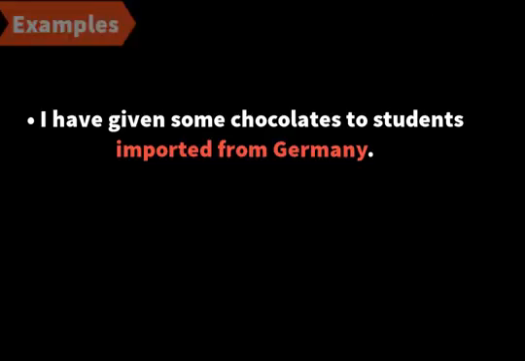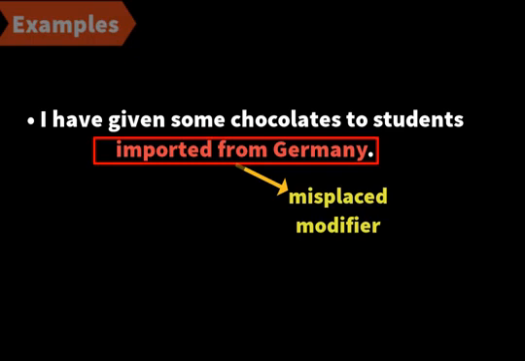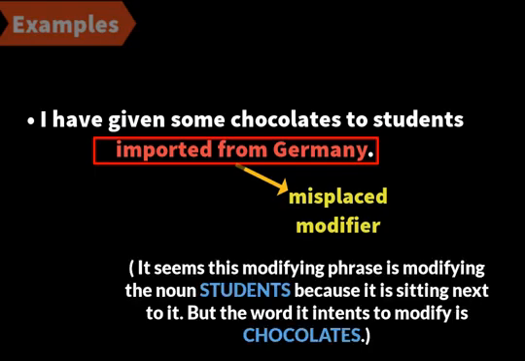I have given some chocolates to students imported from Germany. If you look at this sentence closely, carefully, I have given some chocolates to students imported from Germany. Imported from Germany is our modifying phrase, right? Now, what is it modifying? By the context, you understand that I've given some chocolates to students and these chocolates have been imported from Germany. You have a logical mind, you can understand that.